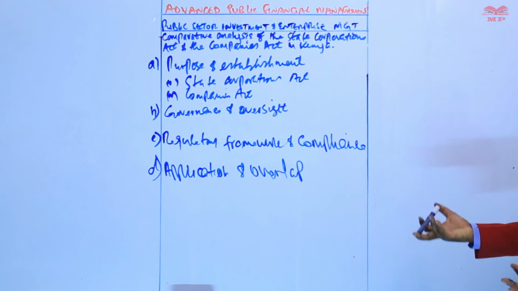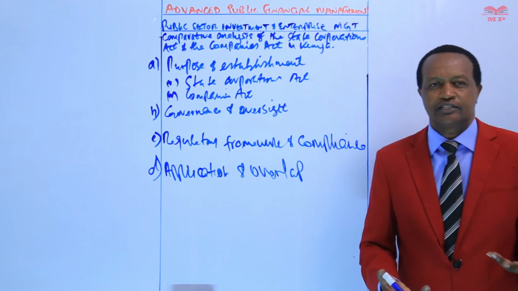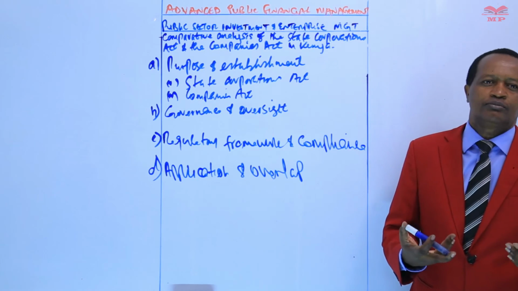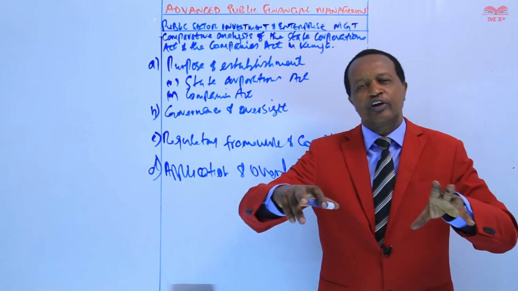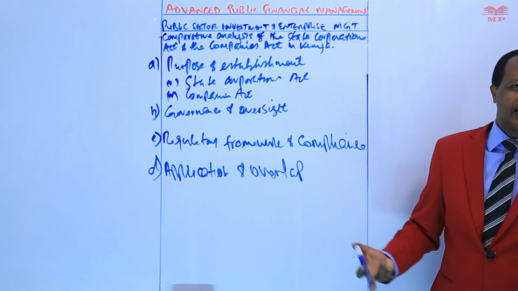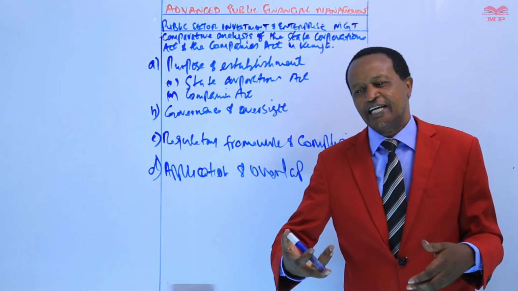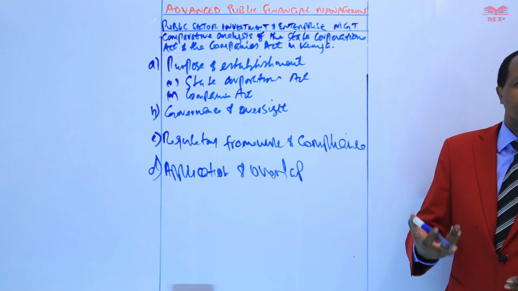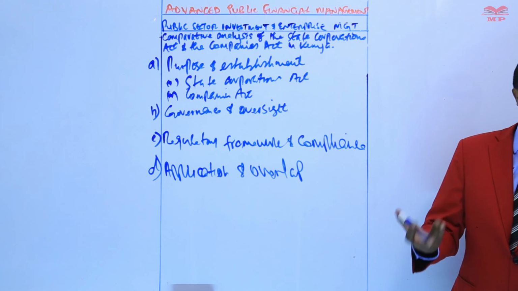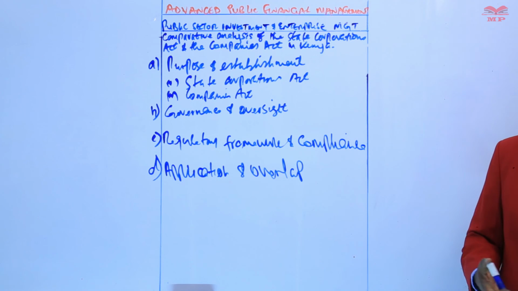So that is the comparative analysis of the State Corporations Act and the Companies Act in Kenya. And it's important to note that while the Companies Act provides the general framework for companies in Kenya, the State Corporations Act introduces what we may call a specialized regime for government-controlled entities, reflecting their unique nature, their public mandate, and also the need for enhanced public sector oversight and accountability.